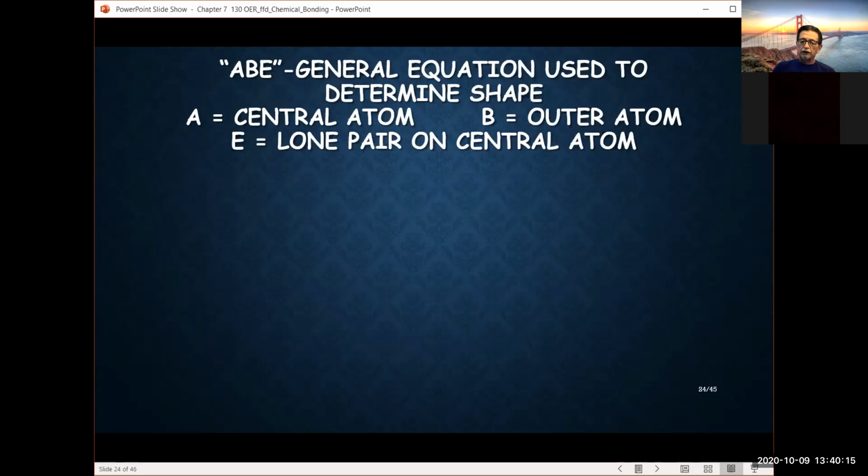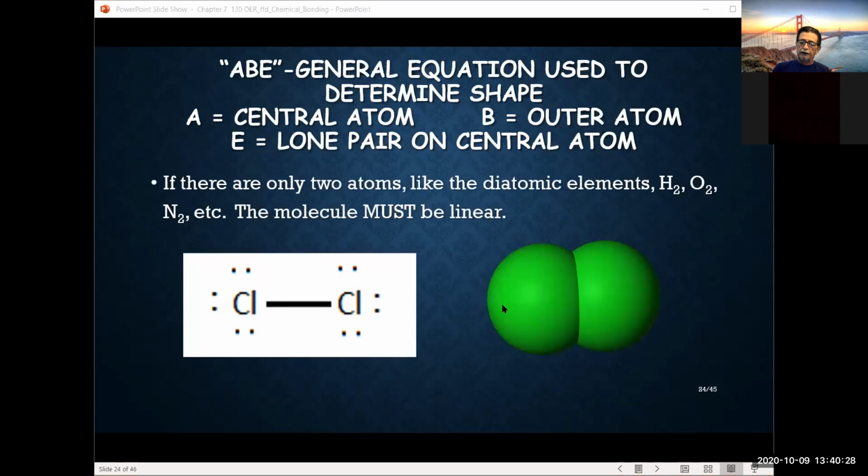Okay, I talked already about using the ABE general equation. A is the central atom, B is the outer atom, and E is a lone pair on the central atom, okay? Now we have this one, the linear. All diatomic compounds or ions are just going to be linear with respect to their shape.